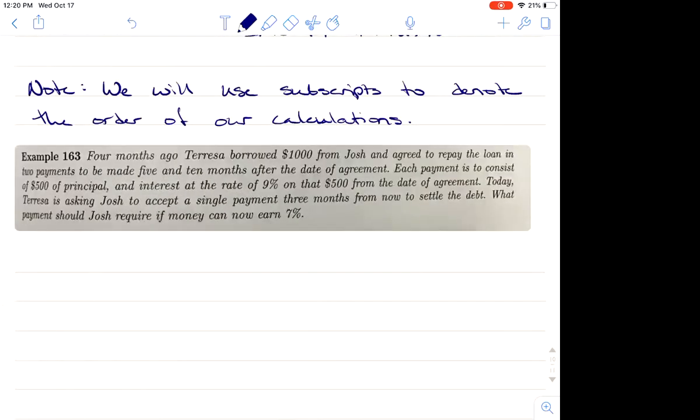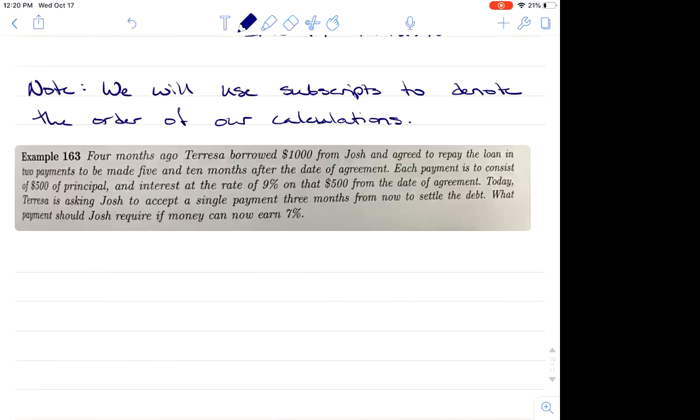Okay. A wordy little bugger. 4 months ago, Teresa borrowed $1,000 from Josh and agreed to repay the loan in 2 payments to be made 5 and 10 months after the date of the agreement. Each payment is to consist of $500 of principal and interest at the rate of 9% on that 500 from the date of the agreement.